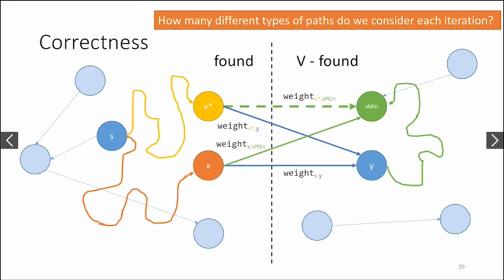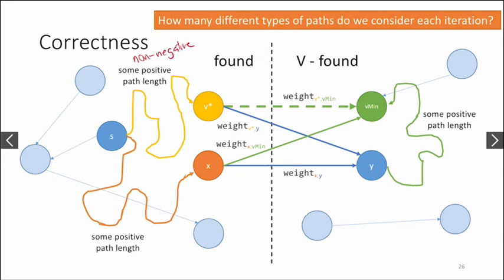Each of these edges that cross this dashed line boundary from the found set to the not found set has some weight associated with it. And there's some positive edge weight, or I guess I should really say non-negative, edge path length from S to V star and from S to X. How do we know they're non-negative?